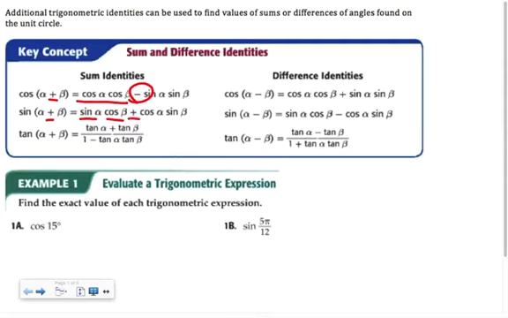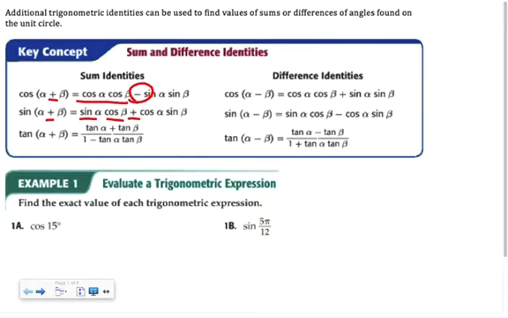For tangent, there's a numerator and denominator. In the numerator, I'm doing the same operation as in the parentheses, but in the denominator, I'm doing the opposite operation. And in the numerator, it's just tangent of the first angle plus or minus the tangent of the second angle. So the more you use these, the more you'll get the hang of them.